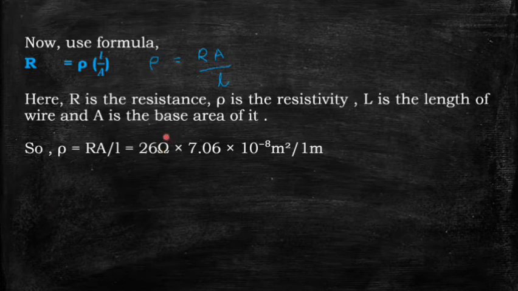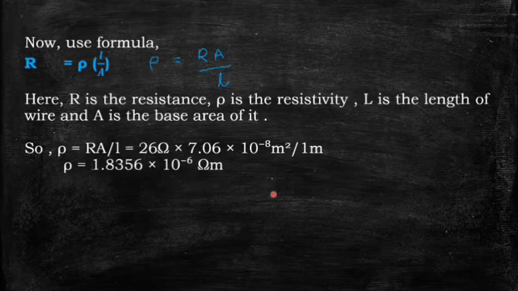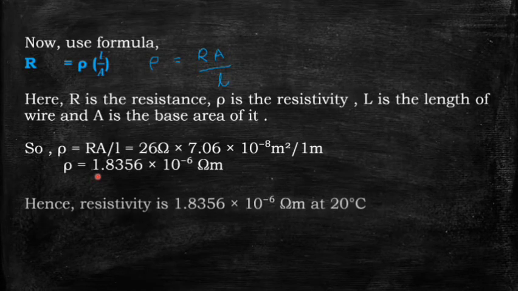R is substituted as 26 ohm, A is 7.06 into 10 to the power of minus 8, divided by length, which is 1 meter. By solving this, we will get rho equal to 1.8356 into 10 to the power of minus 6. That we can write as 1.84 into 10 to the power of minus 6.